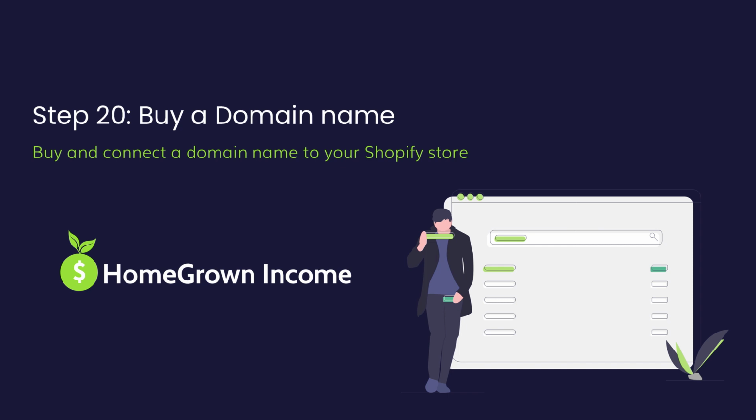Step 20. Buy a domain name. For this step we are going to remove the default myshopify.com URL and replace it with our own branded link. When choosing a domain name, always use a .com domain if it's available. It is seen as an international domain, and .com is the most common domain extension.